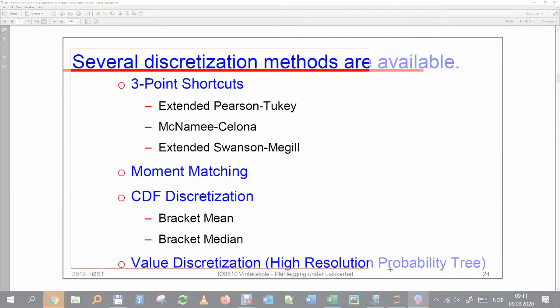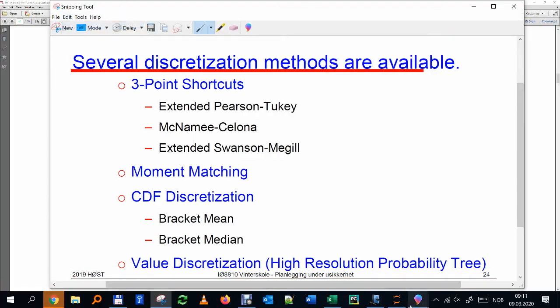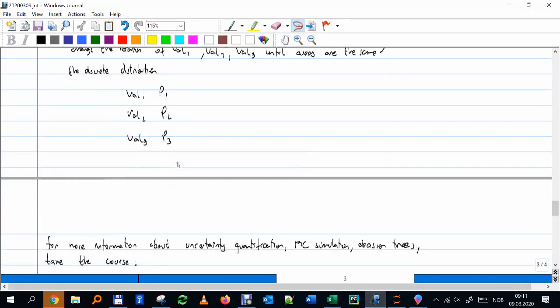And if you're interested, if you have to use it in your project, or later in life, you just know what options you have.